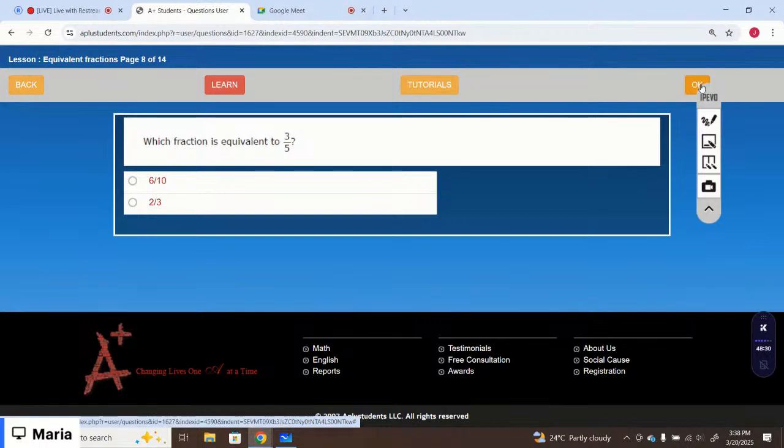Which fraction is equivalent to 3 over 5? That is 6 out of 10.